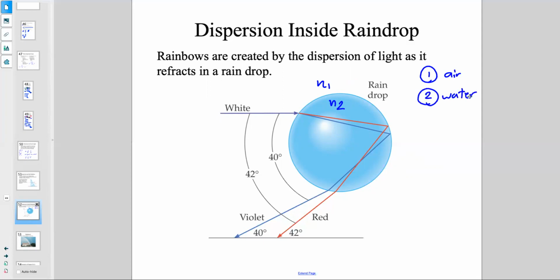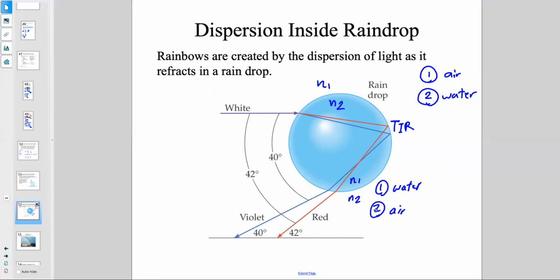Now this will go to total reflection here, so nothing will go out, but it will be reflected completely, and here it will go from 1 as water and 2 as air, so it's going from the water to the air.